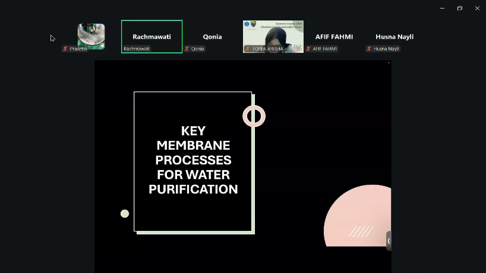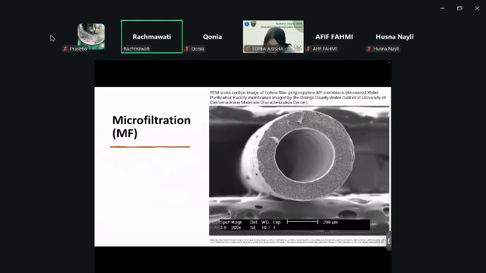Okay, now we're going to move to the key membrane processes for water purification. For microfiltration, this is the same picture of the polypropylene microfiltration membrane, which is used in the Orange County Water District.